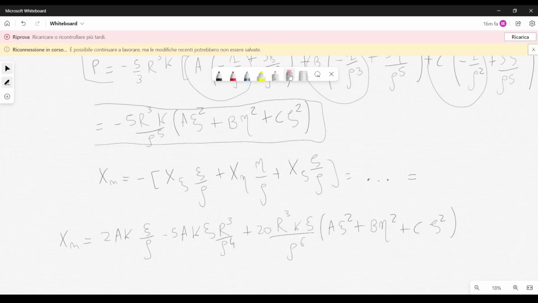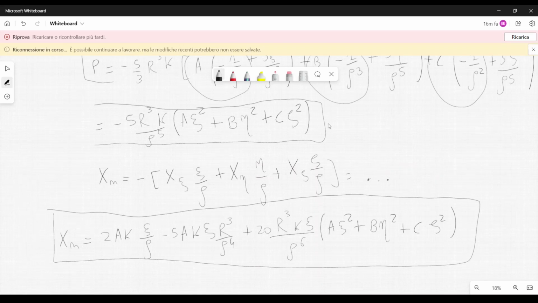Let me write it like this. This is xn, and similarly you can also calculate yn and zn.